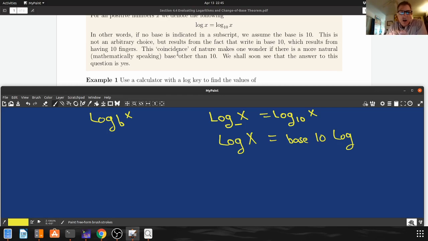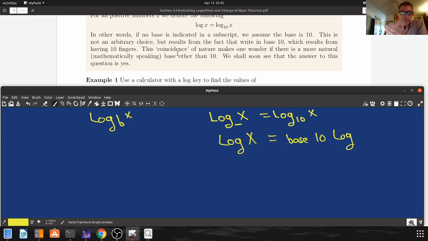It's not an arbitrary choice, although it may have resulted by chance. It's the fact that we have 10 fingers. If the Maya had survived and not been conquered, they actually had a base 20 system. They counted on their fingers and their toes, and a base 20 logarithm may have been more natural.